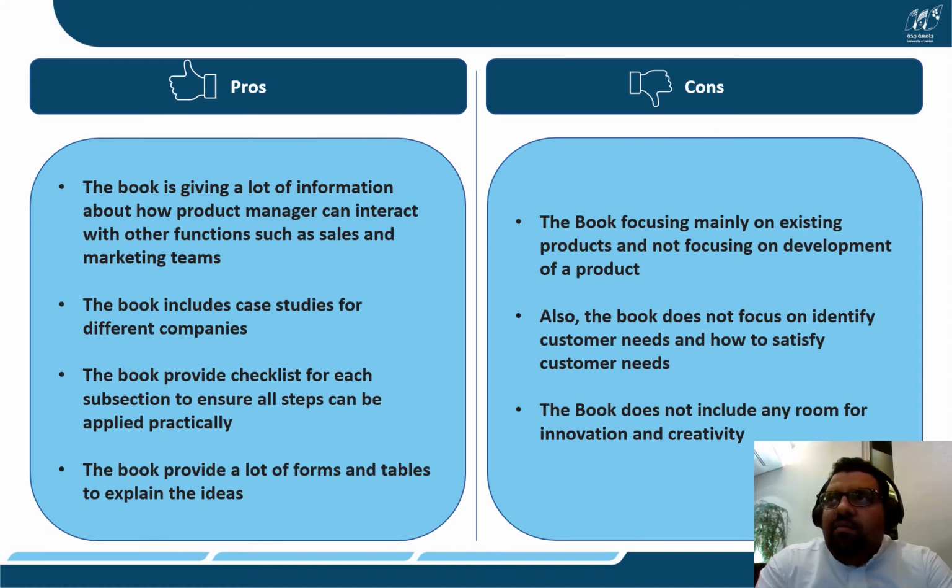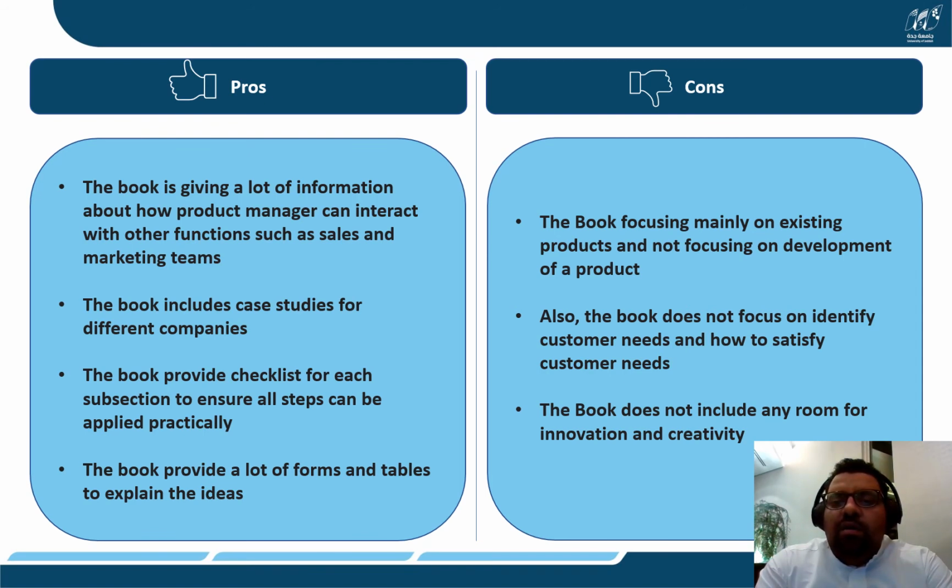Actually, there are some points of improvement in this book. The first point is the book is focusing mainly on existing products and is not focusing on the development of a new product or a new service.